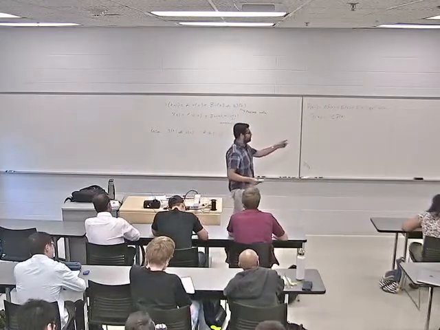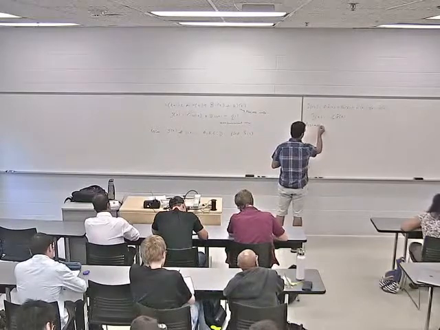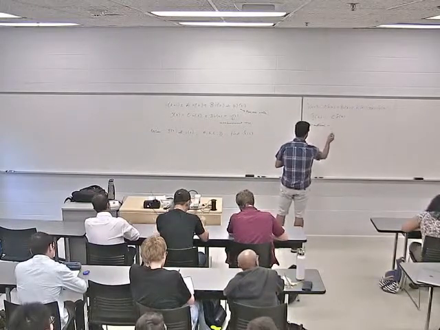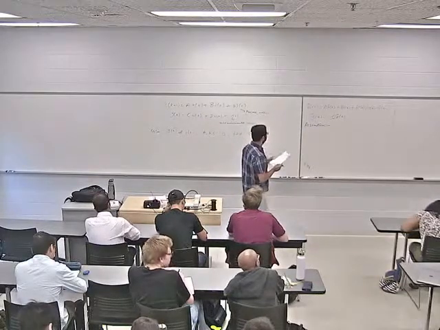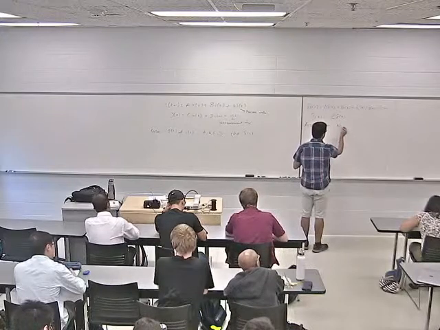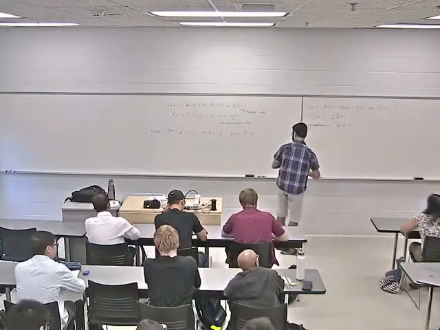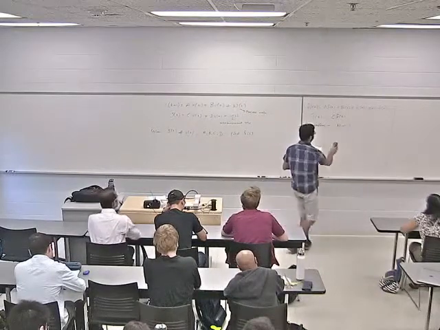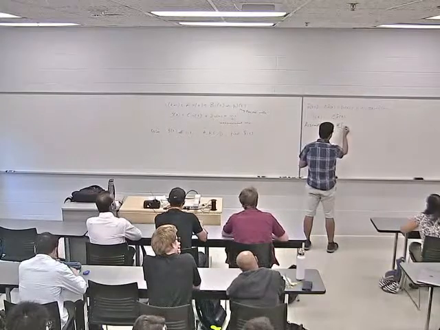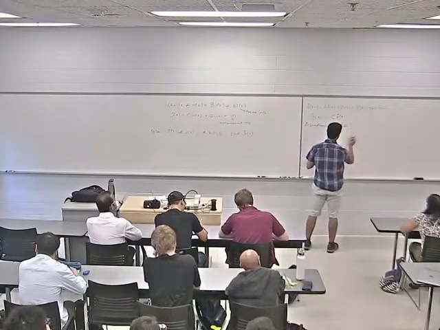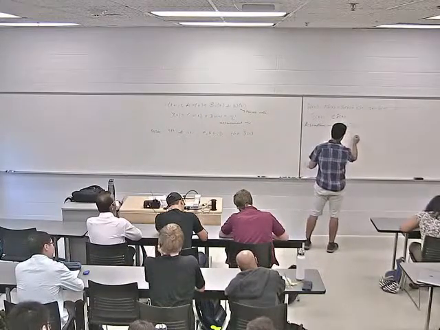Now the assumptions that we need to make about the noises. So we assume that the process noise W of k is, well, we don't need to make the assumption that they are Gaussian. What we really need is the expected value of W is 0, expected value of V is 0.